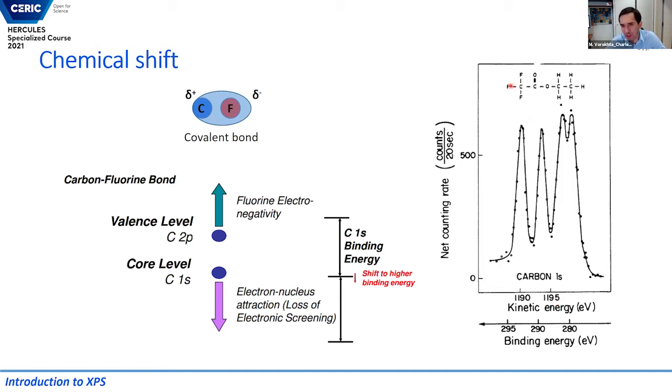For example, here you have on the surface a quite complex molecule which contains several different carbon atoms, surrounded by different environments, by different other elements. In all cases you see different peaks, and all these peaks correspond to the type of carbon inside the molecule.